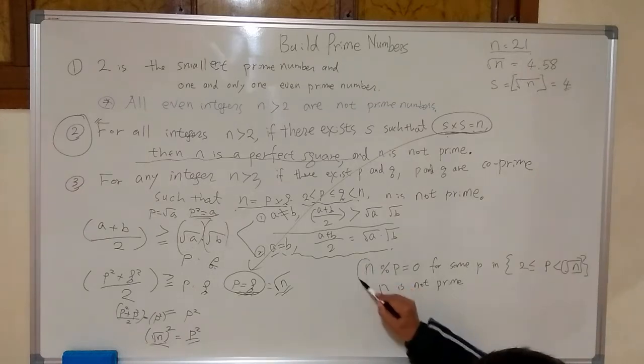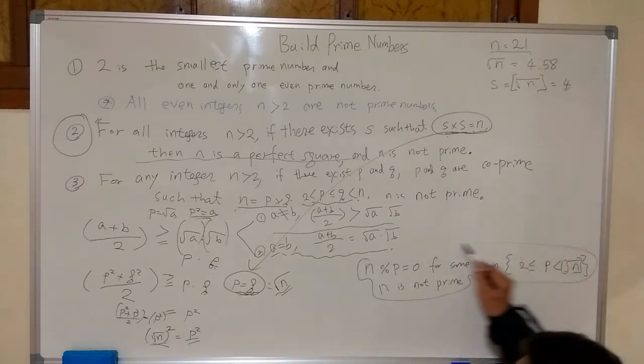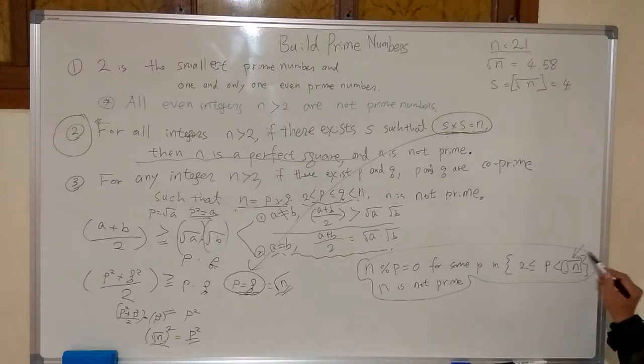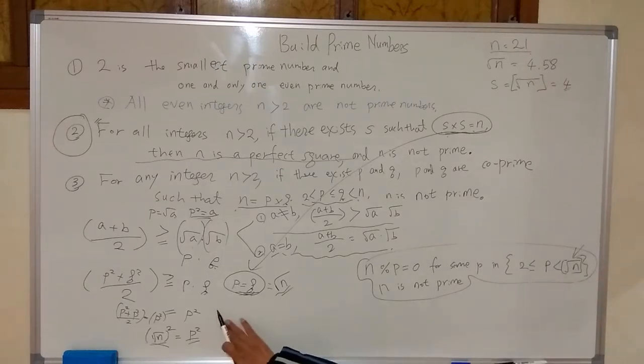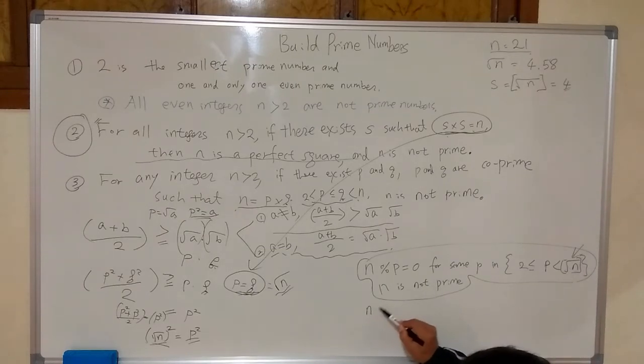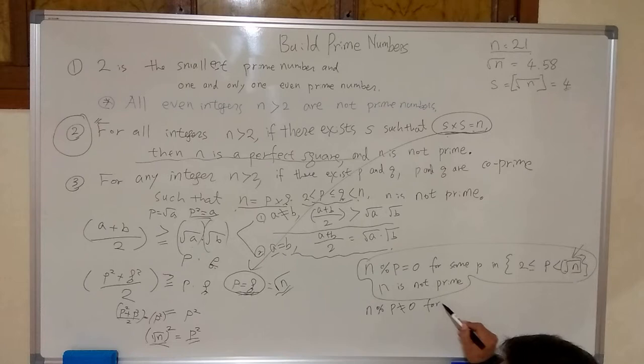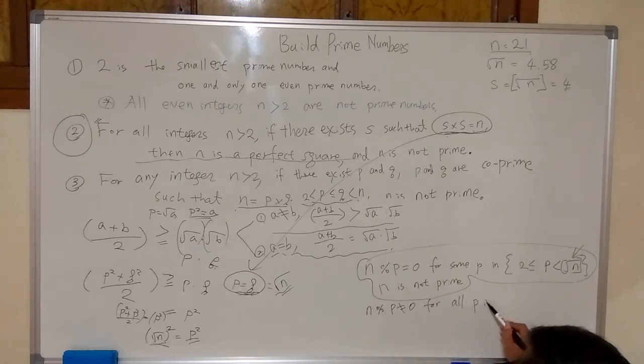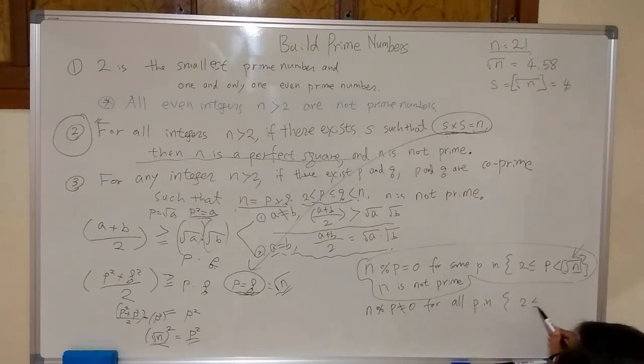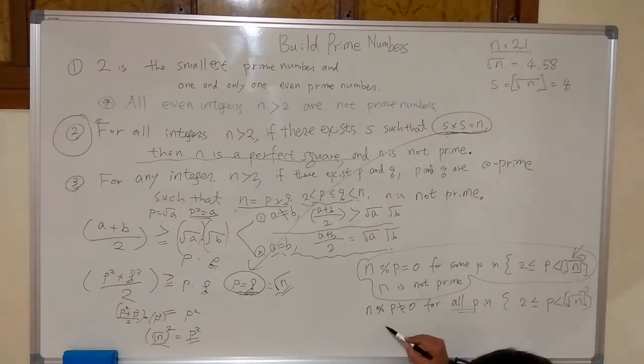So I got this conclusion, as I told you before. This comes from this theory. In the same manner, if n modulo P is not 0 for all P in the range 2 to root n, then n is prime.